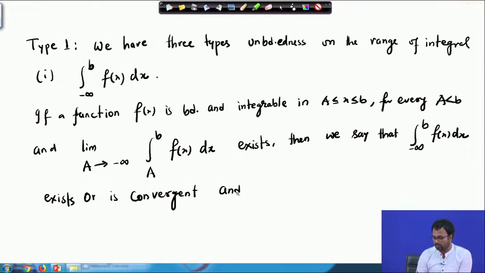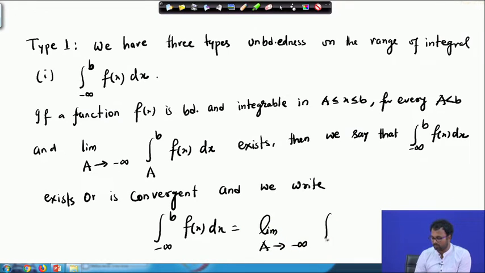And we write integral from minus infinity to b f(x) dx is basically the limit A goes to minus infinity, integral from A to b f(x) dx.